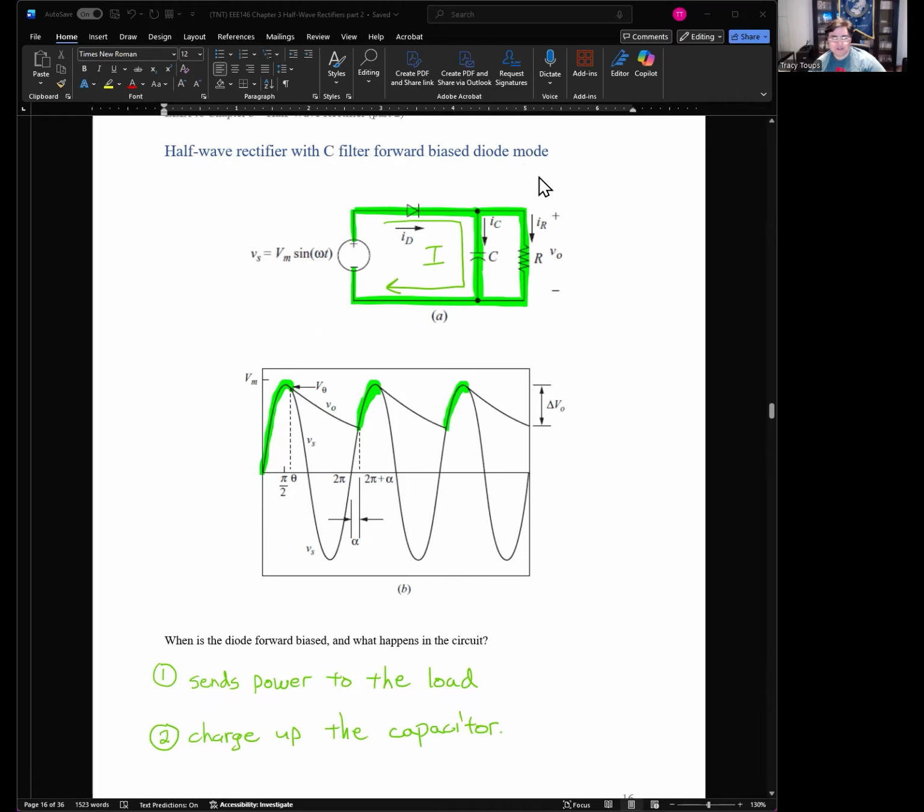So let's do some circuit analysis real quick to see what happens whenever things are changing. Right? So let's look at the half-wave rectifier when the AC source is conducting. So this voltage source is on its positive cycle. So we turn on the circuit, so everything gets charged up to about right here. So this green line, current flowing out of the source, going through the diode, charges the capacitor and the resistor.